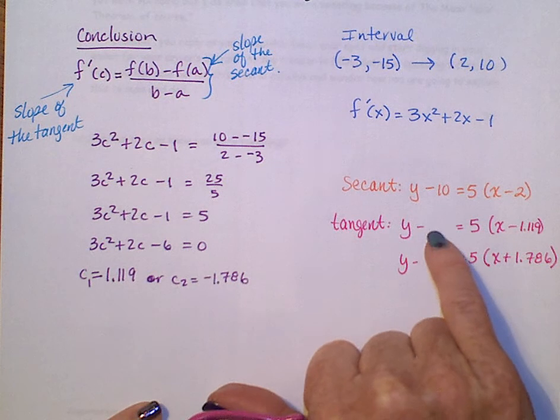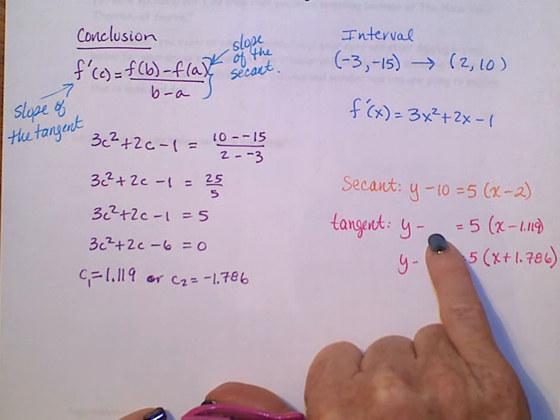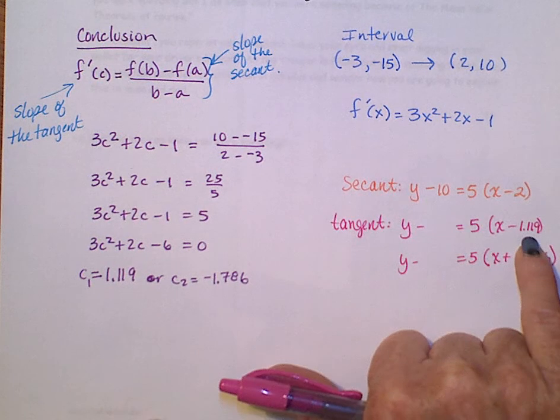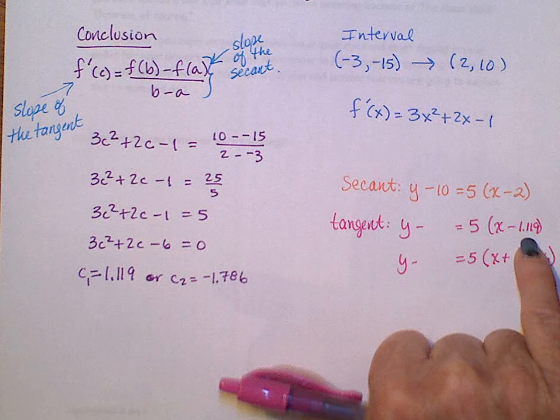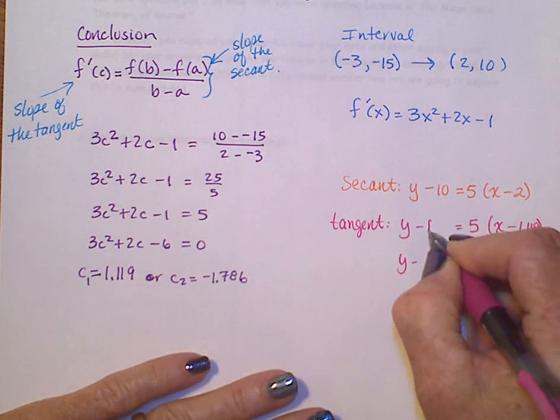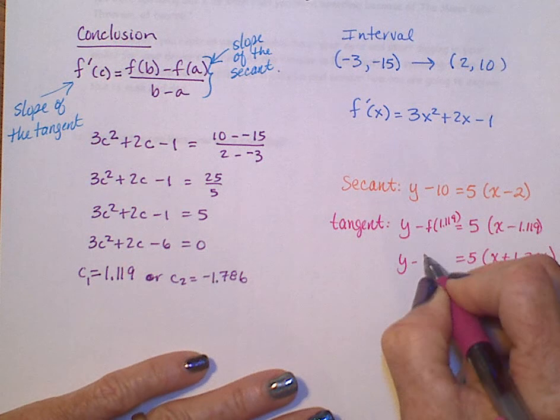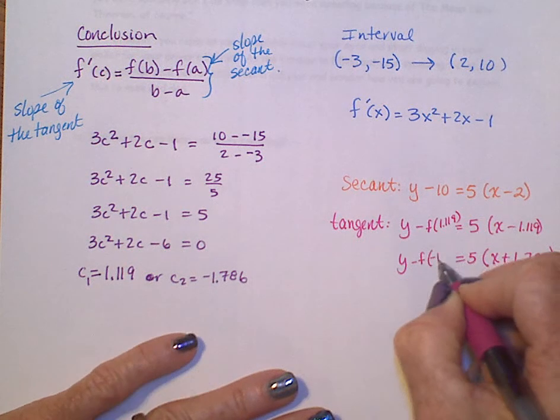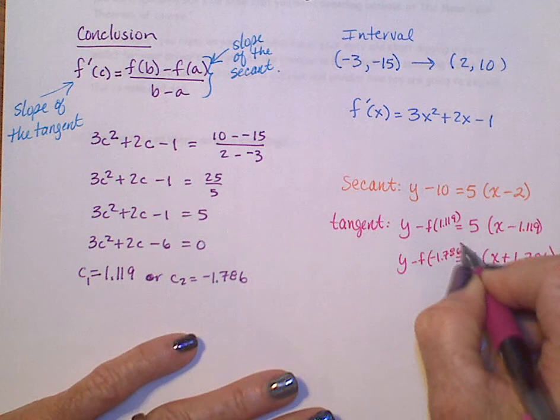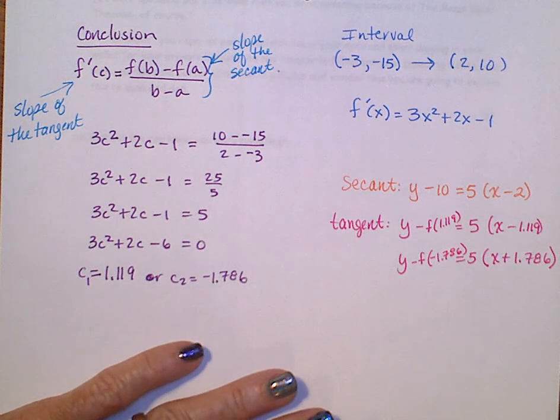Isn't that value right there just this original function evaluated at 1.119? Absolutely. So what we can do is write that this is f of 1.119, and this down here would have to be then f of -1.786. And I'll show you how to type that in your calculator in a moment here.